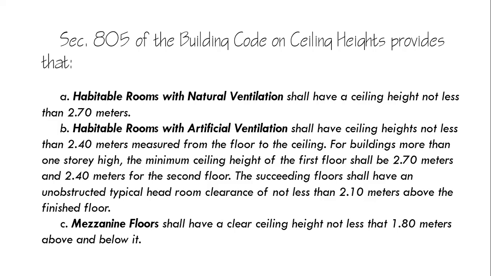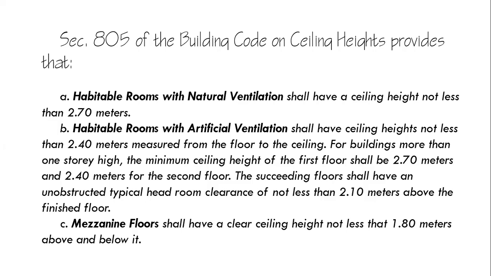But for buildings more than 1 story high, the minimum ceiling height for the first floor is 2.7. The second floor is 2.4. And for the third floor and the succeeding floors, it's just 2.1 meters.